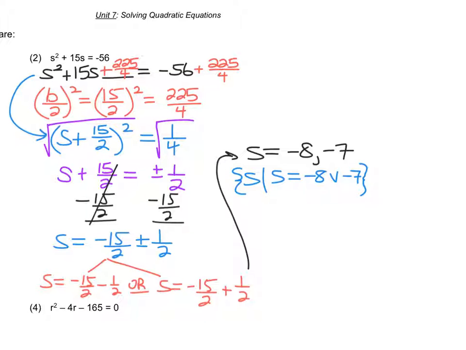If you get real rational numbers, aka no radicals in it, sometimes it's kind of like a gut punch after you solve a problem, because what it means is that the original problem was factorable. So you could have solved it using an X chart or a GCF or something like that.